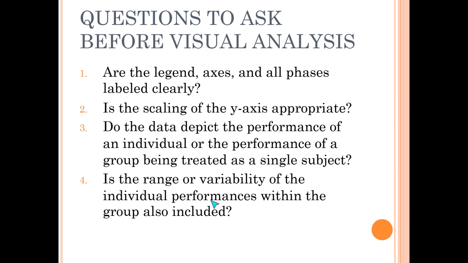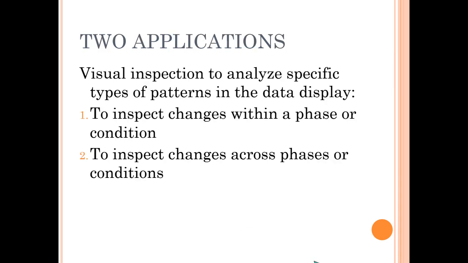So when we use visual analysis, we are interested in two specific types of patterns in the data. First, we're going to start to inspect changes within each phase or condition. And then in the second step, we're going to use visual analysis to inspect changes across phases and across conditions.